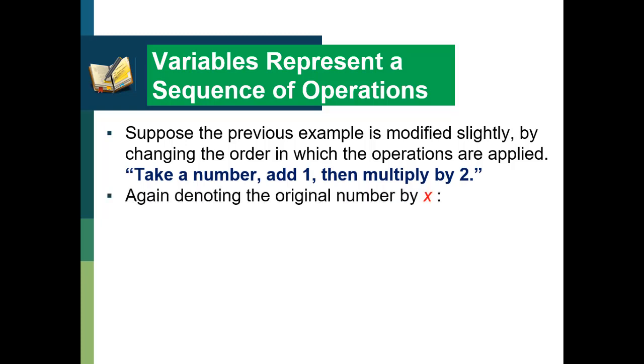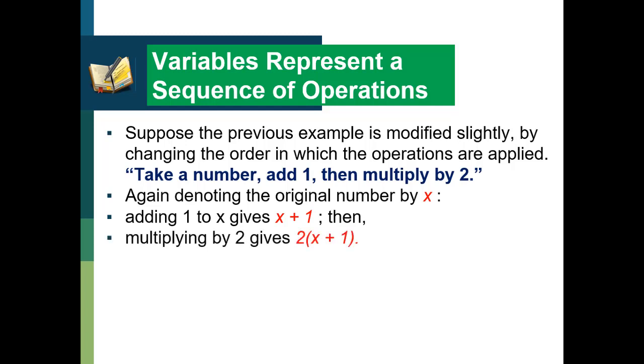Let's see. Again, denoting the original number by x. So we have x. Adding 1 to x, because that's the first operation, will give you x plus 1. Then, multiplying by 2 will give you 2 times the quantity x plus 1. Why did I use parentheses?